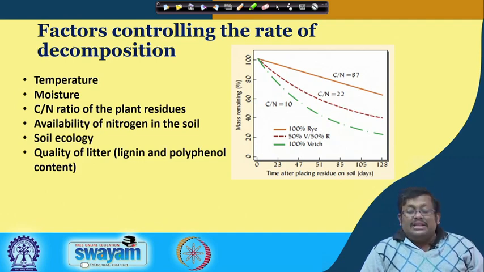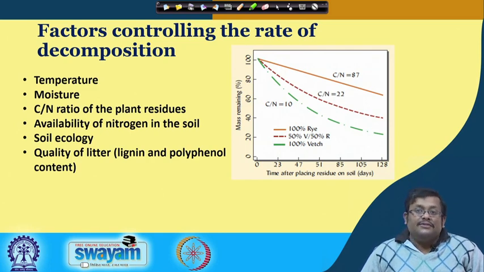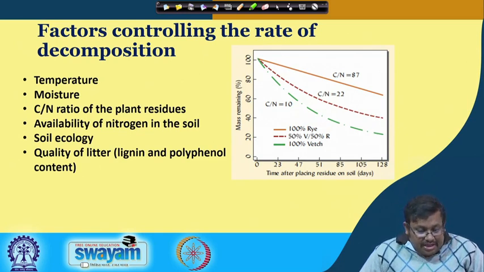So, let us see what factors control the rate of decomposition. There are several factors, starting from temperature, then moisture, then C:N ratio of the plant residues, then availability of nitrogen in the soil, and then soil ecology and quality of litter, lignin and polyphenol content. All these are very important as far as the rate of decomposition is concerned.